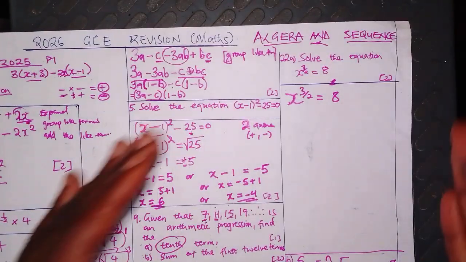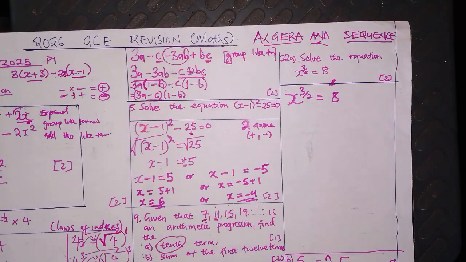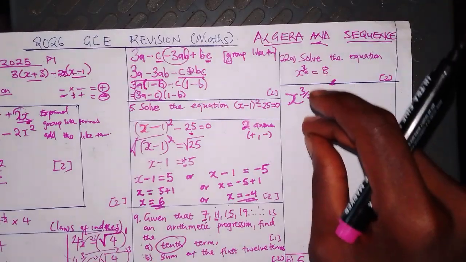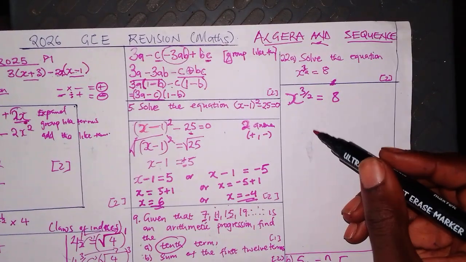Remember, it's 2 marks. This is our 12th mark. So far we have gotten every question correct. So if you follow each and every step I've shown you, you'll get this first 12 marks correct. Yeah. So how can you solve this equation?